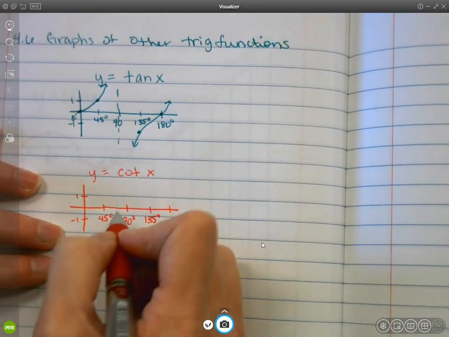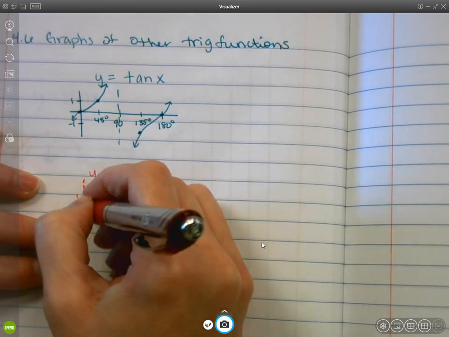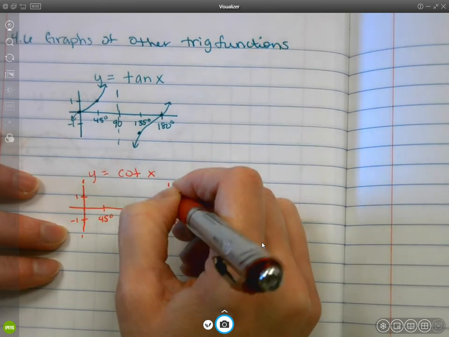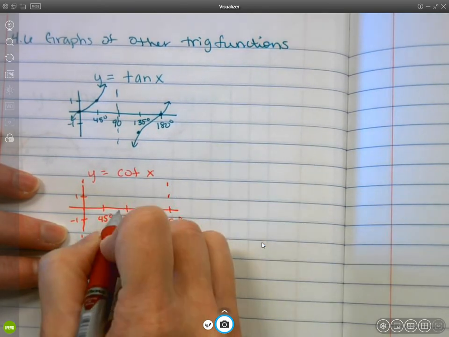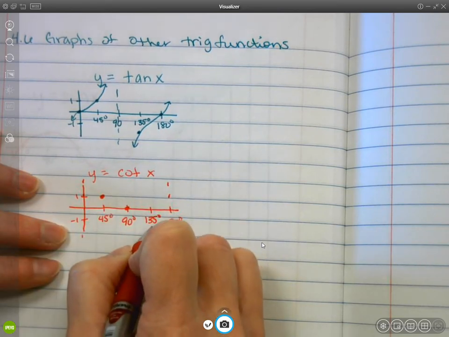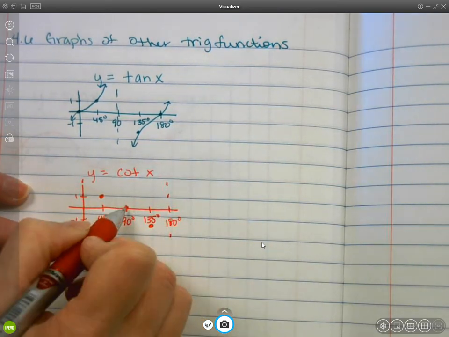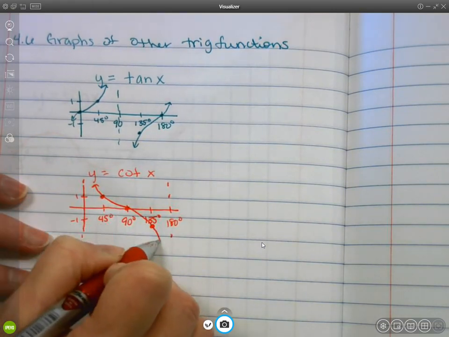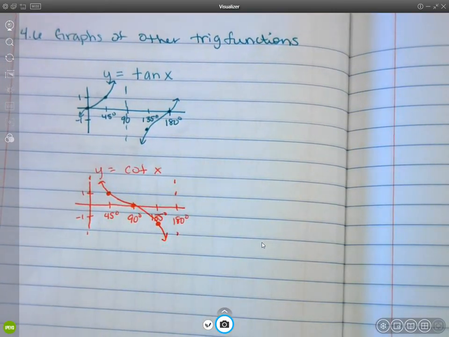But cotangent, remember, has an asymptote at 0 and an asymptote at 180. So it's 0 at 90, it's 1 at 45, just like tangent, and negative 1 at 135. But you draw the opposite picture. When you graph cotangent, you're just going to get one little squiggle.